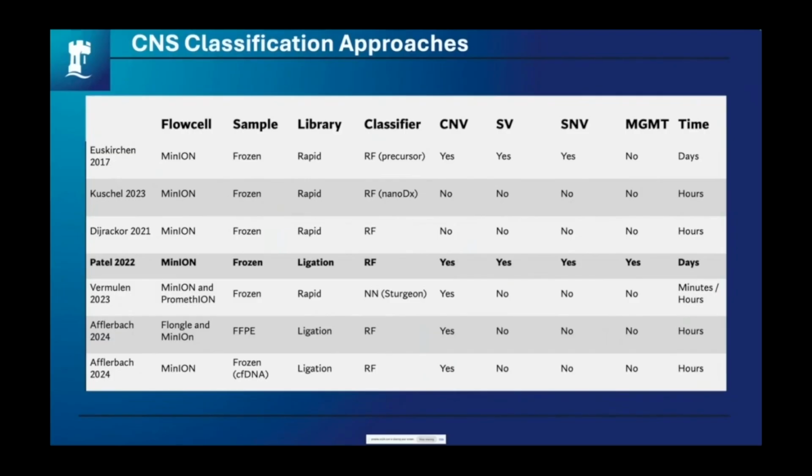And so we wondered whether we could get this any faster. We wondered if we could bring those days down to hours, because if we could do that, we could start influencing the surgical process, but also give results back to patients far faster.